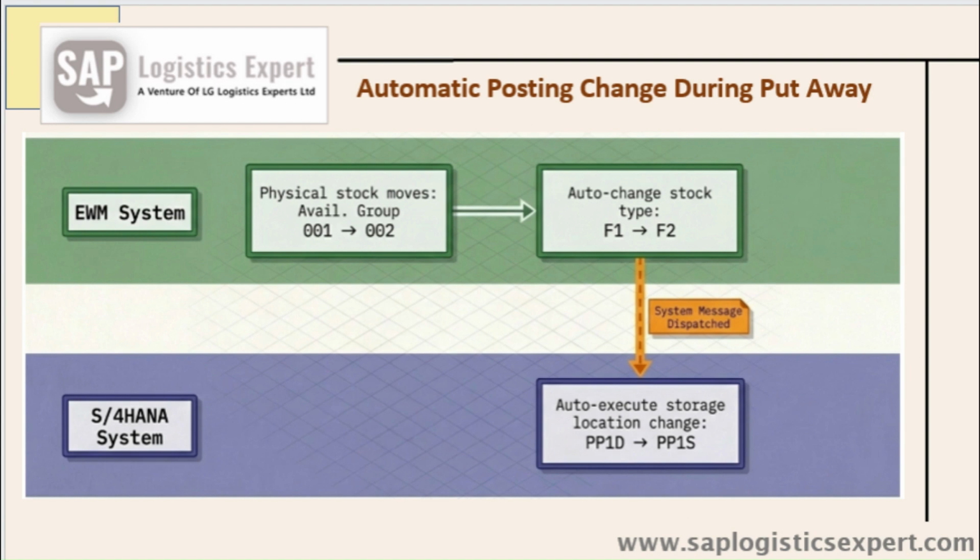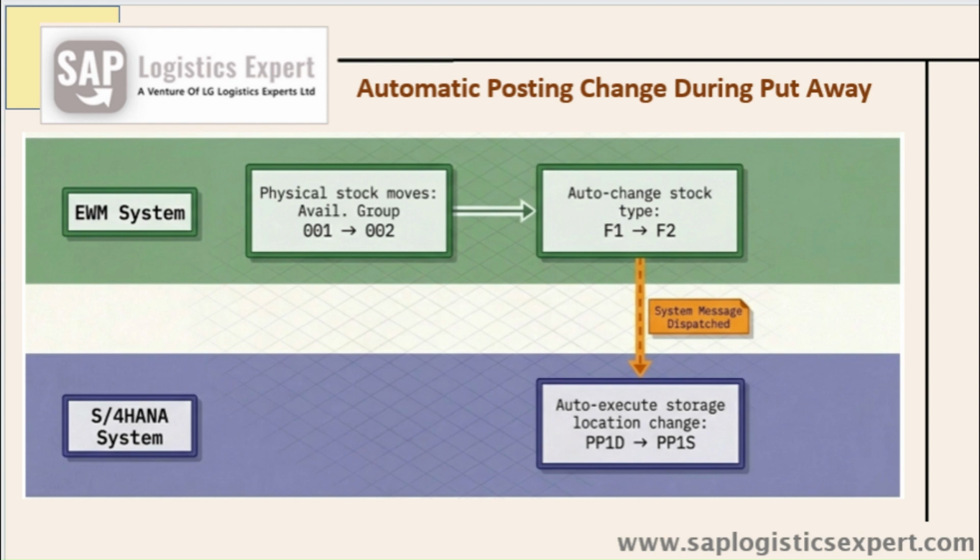During put-away in EWM, when stock reaches the final put-away storage type and bin, the system automatically executes a posting change in S4 from storage location stock in put-away to storage location stock completely available. This is where EWM shows its power.